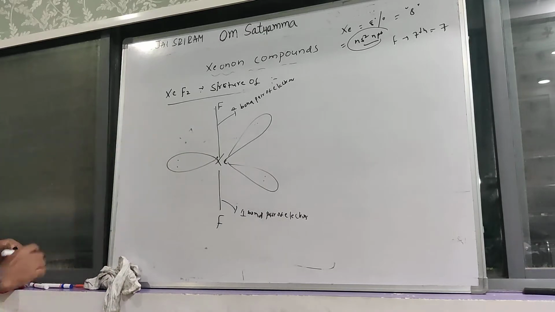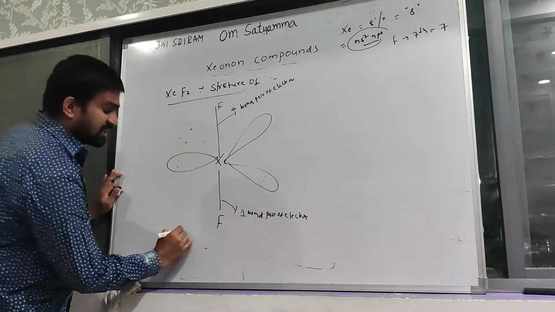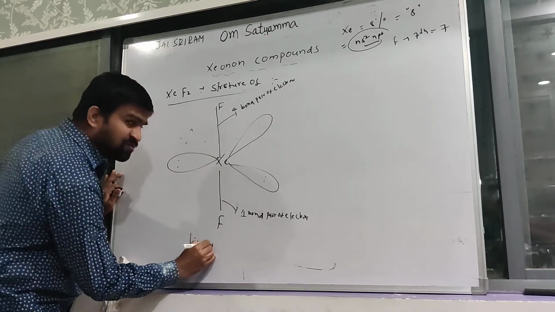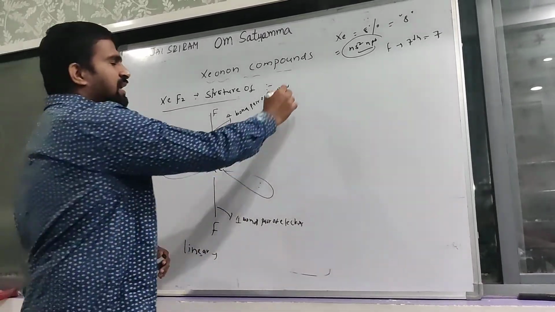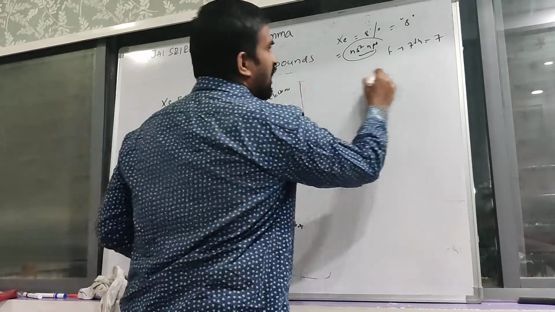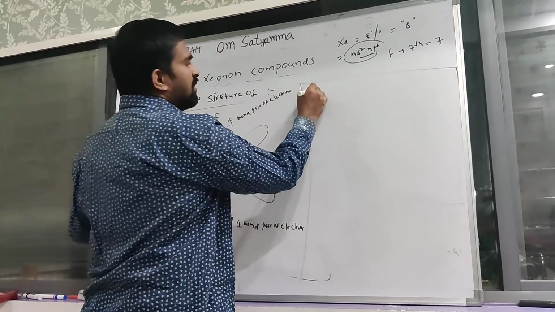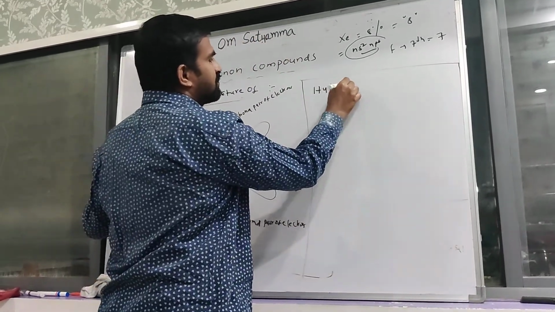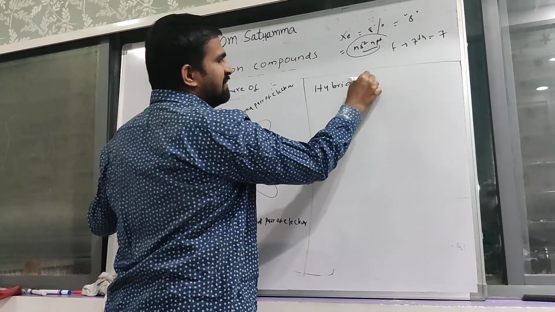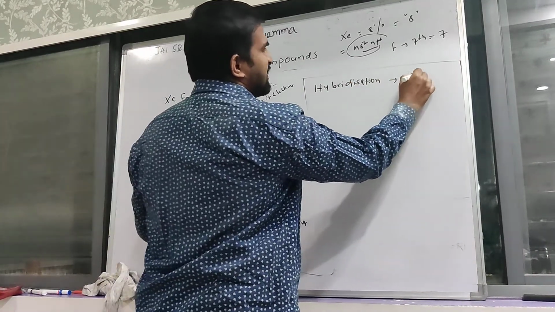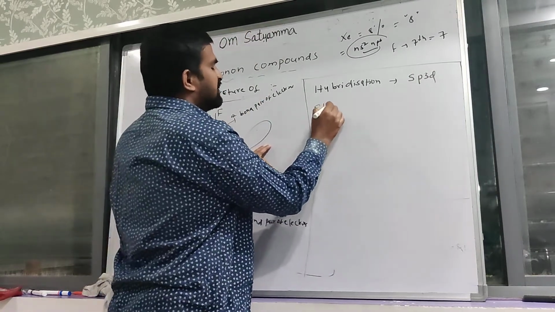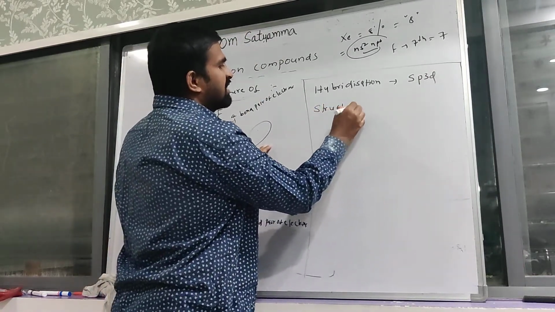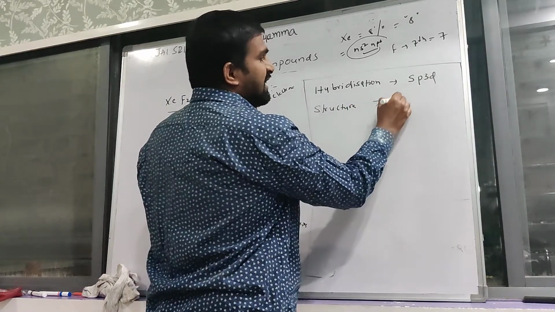This is the final structure of xenon difluoride. Structure is linear. Finally, give the conclusion. Hybridization is sp3d. Structure of xenon difluoride is linear.